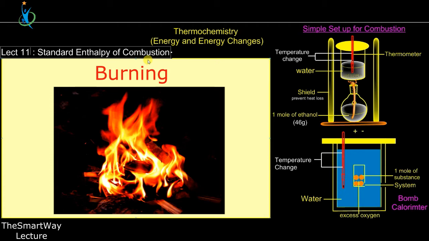Whilst you are burning, there is a gas in the atmosphere that continuously supports your burning. Oxygen. Now you realize that the burning will continue until all the substance you started with finishes up, and there is still oxygen in the atmosphere. So in these reactions, the oxygen that is supporting the burning is always in excess.